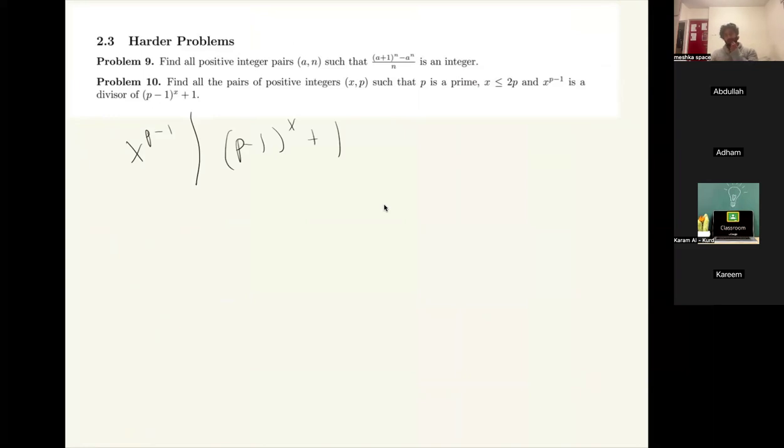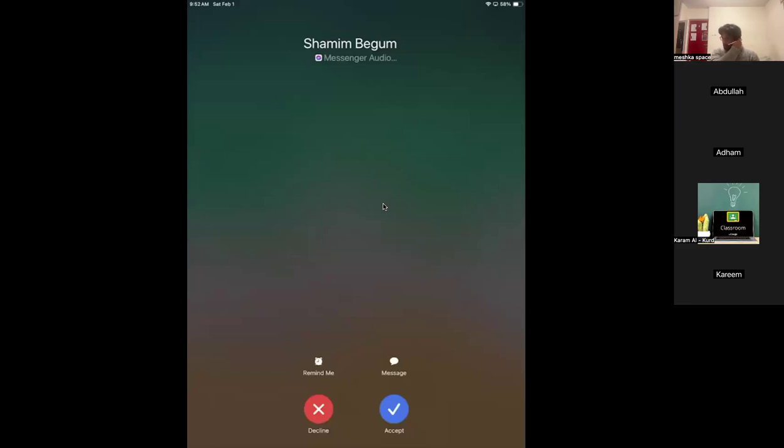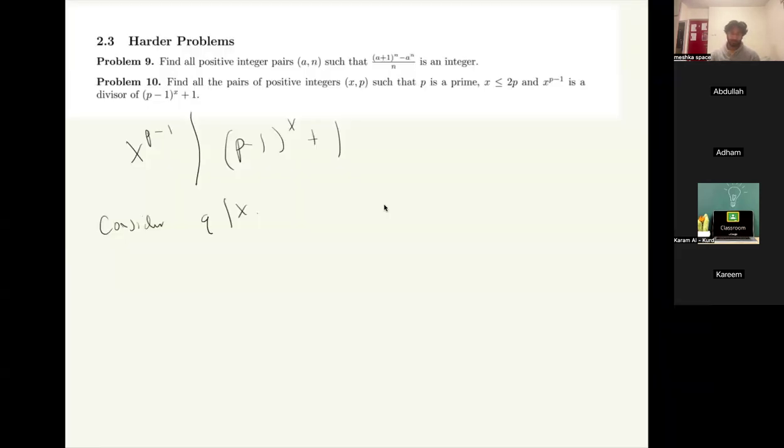Okay, so what can we do? We consider the prime that divides x. Great, so we say consider q that divides x.